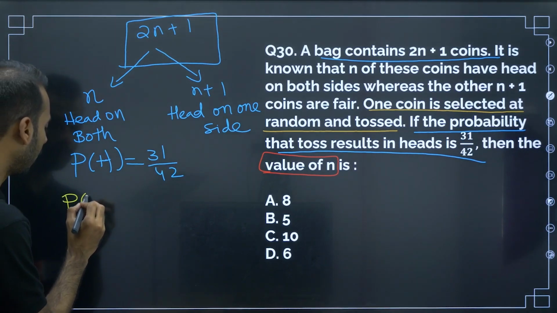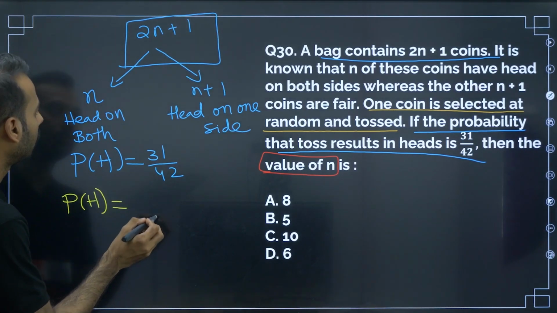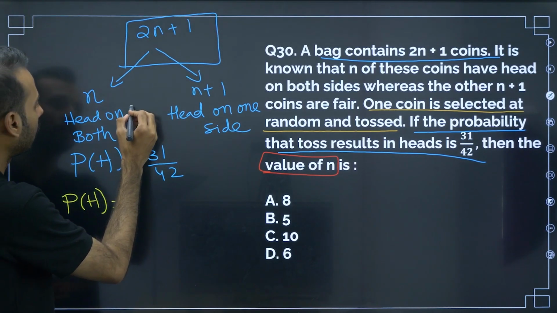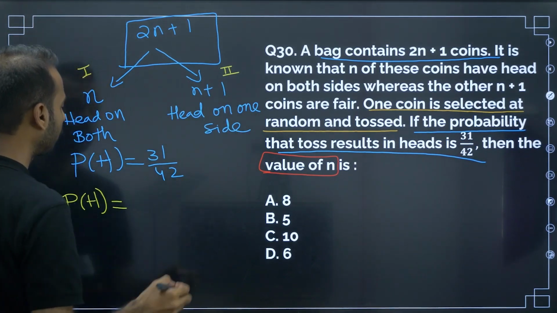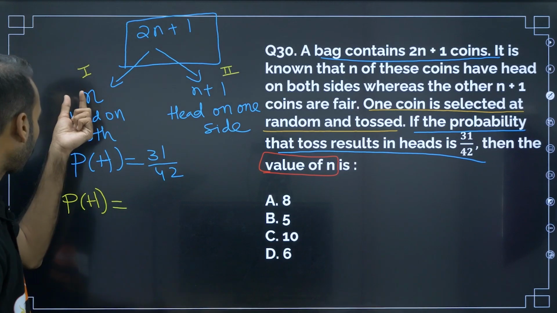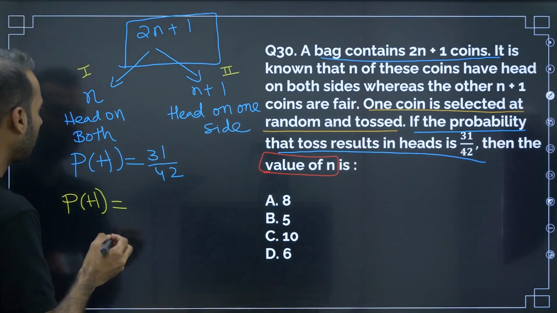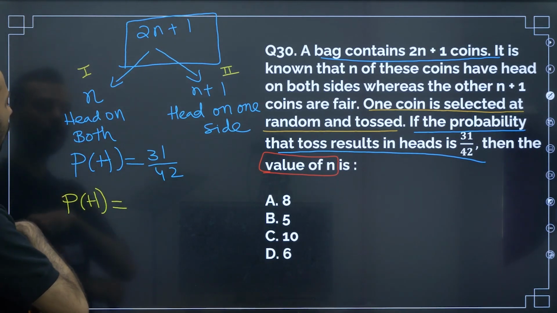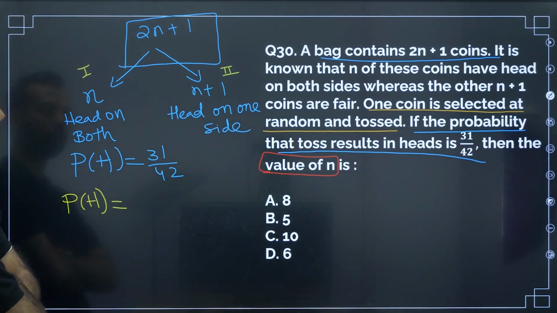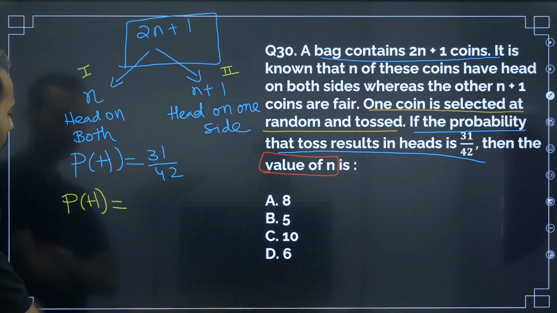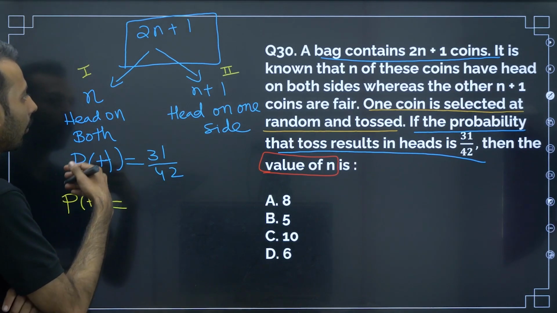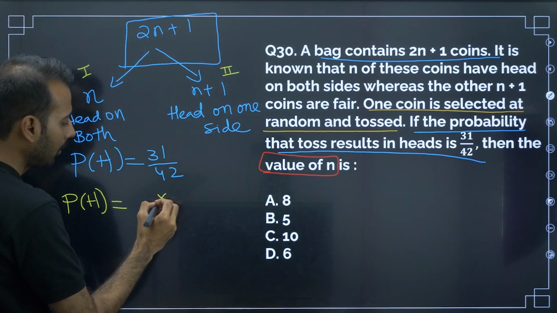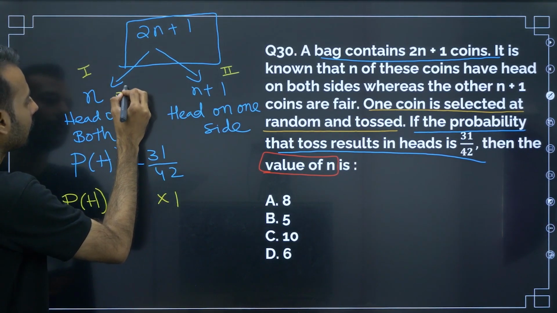Probability of head is equal to, now from here, if I name this as 1 and this as 2, so probability of head is equal to n coins with head on both sides. For this, head on both sides means probability of head here is 1.